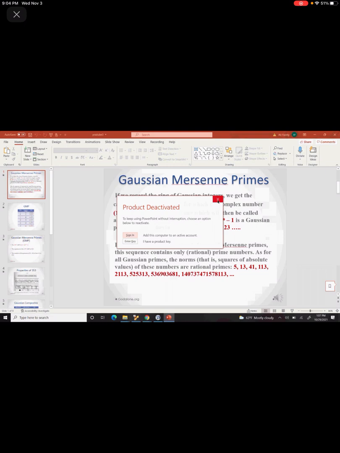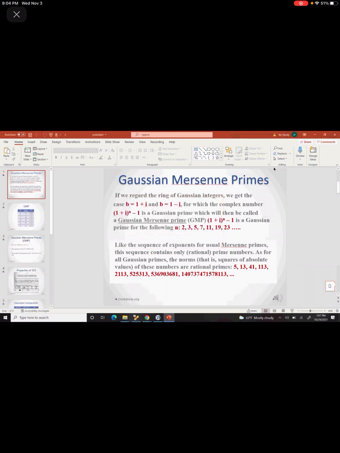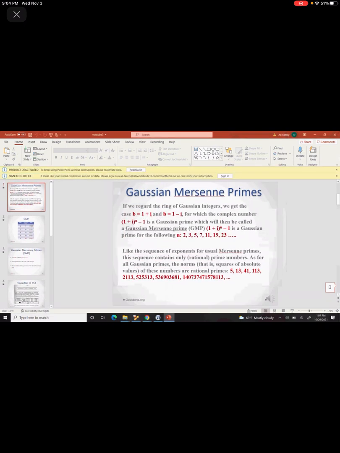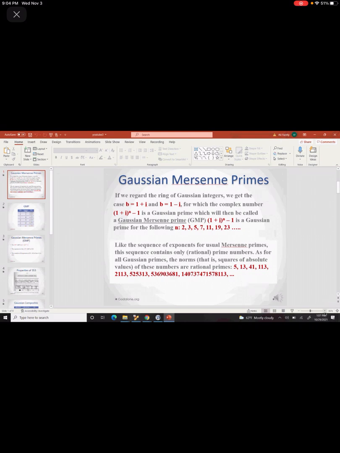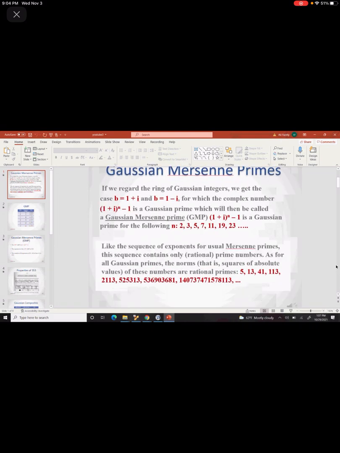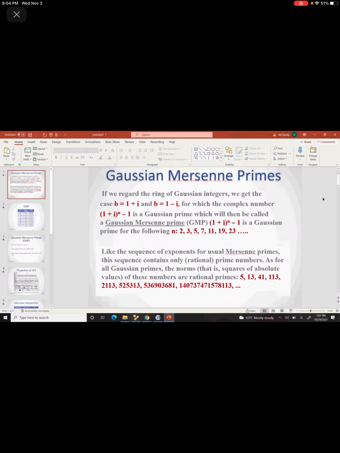Okay, very good. Okay, so now it's going to get a little bit more complicated. So now we go to Gaussian Mersenne primes.